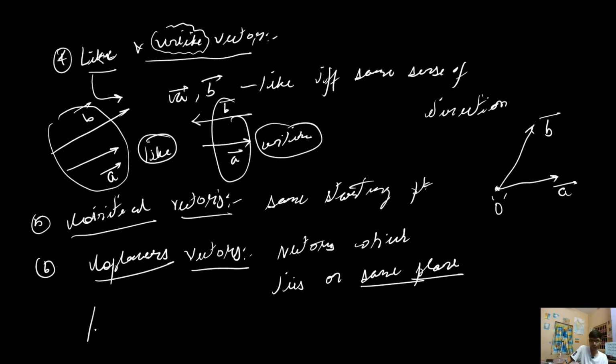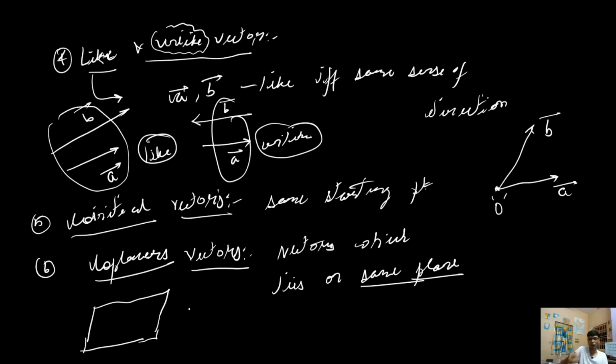By plane I mean, for example, a sheet of paper. If in a sheet of paper we have vectors which lie on the same sheet, then such vectors are known as coplanar vectors.